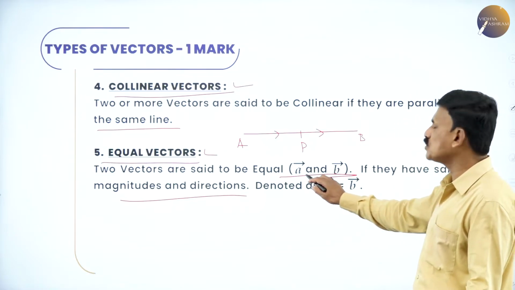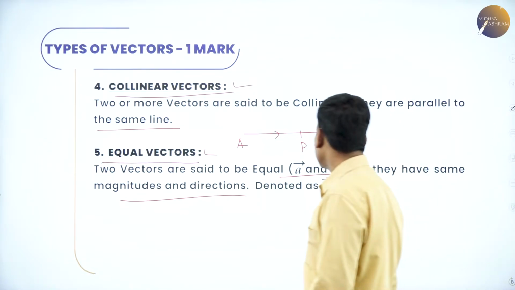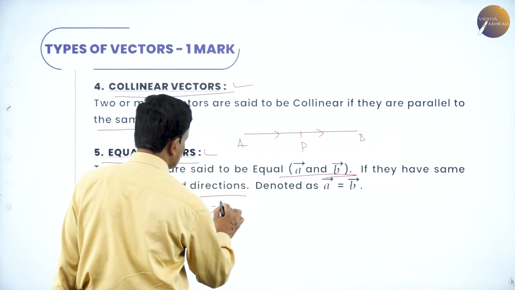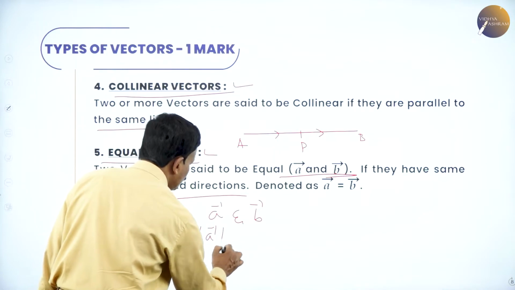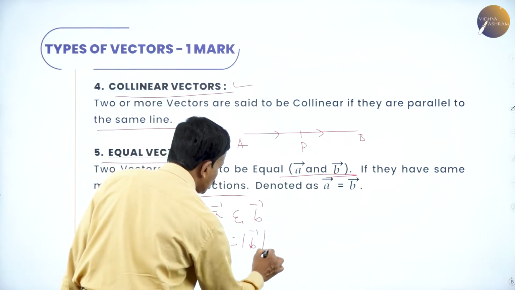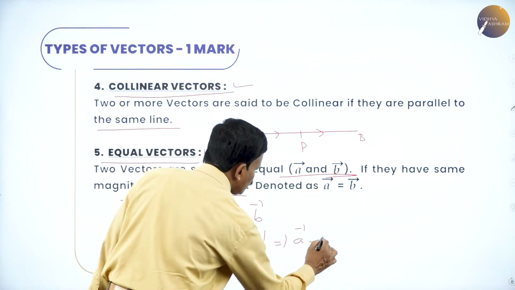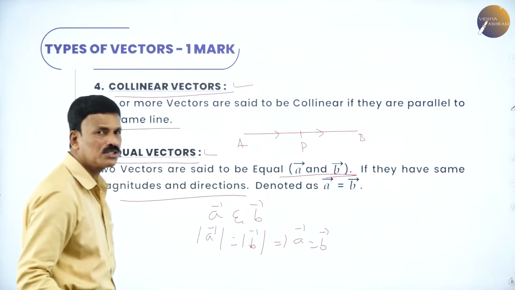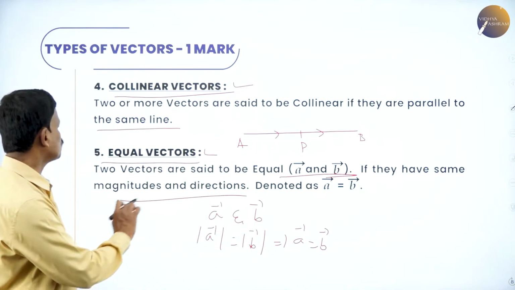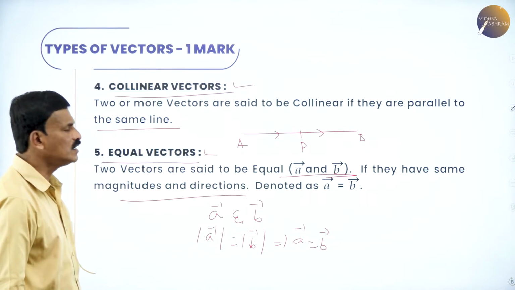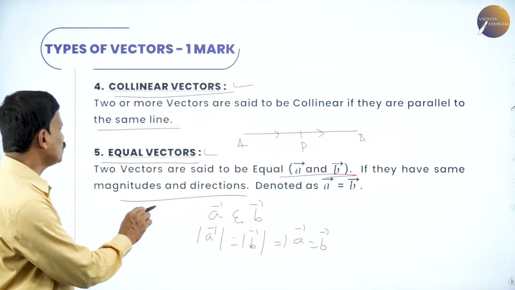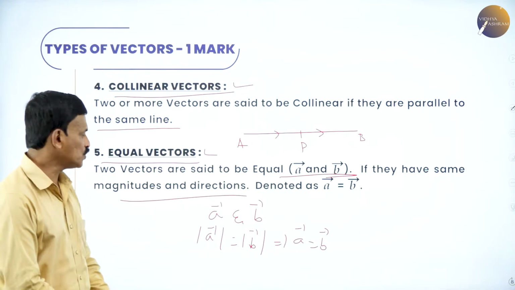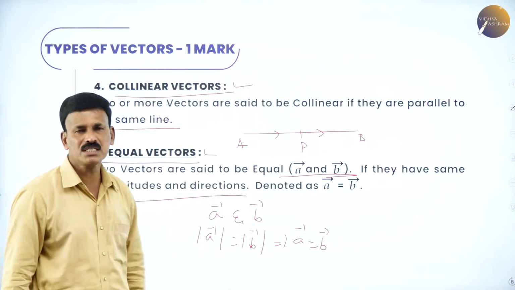Let us consider two vectors A and B. They are said to be equal if and only if the length of A is equal to the length of B. Then only we will call the two vectors equal, with the same magnitude, that is length, as well as the same direction.